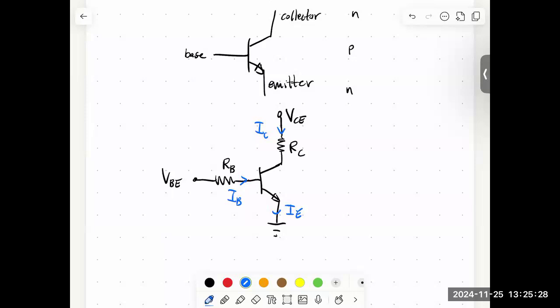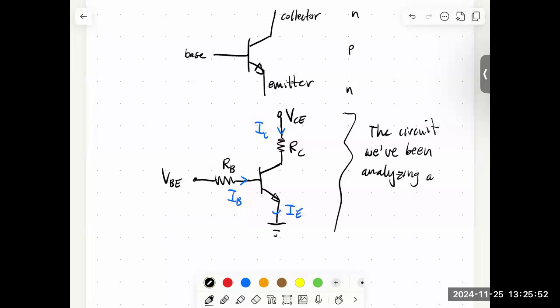We will adopt this junction rule that I base plus I collector is equal to I emitter. That will be part of our analysis. So this is the circuit we've been analyzing above, just drawn with the transistor circuit symbol.